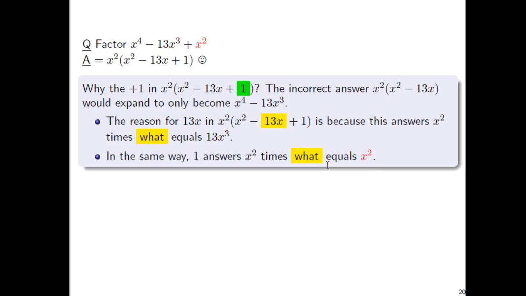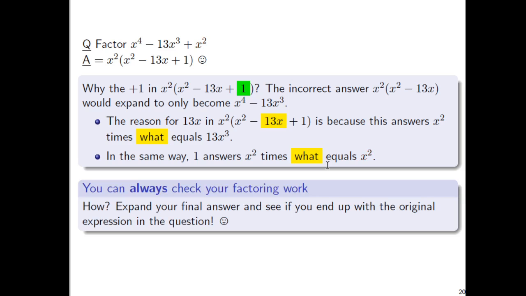For the same reason, 1 answers: x squared times what equals x squared? It's got to be the same line of reasoning each time. We have to be consistent. And keep in mind, if you're ever unsure about your factoring, you can always check your work by expanding your final answer and seeing if you end up with the original expression that was in the question to begin with.